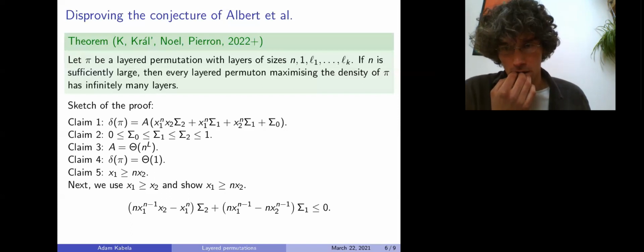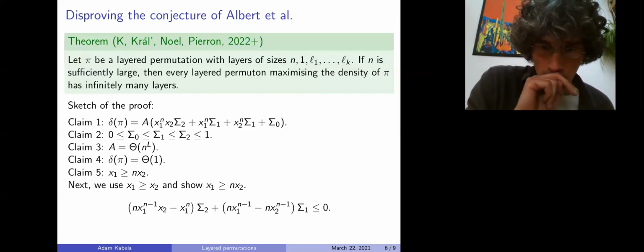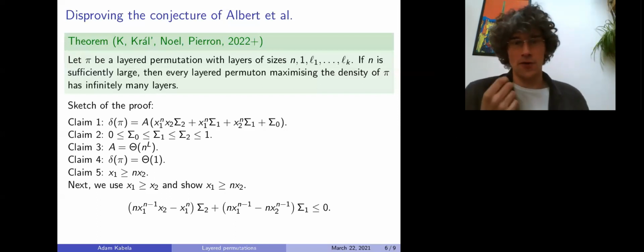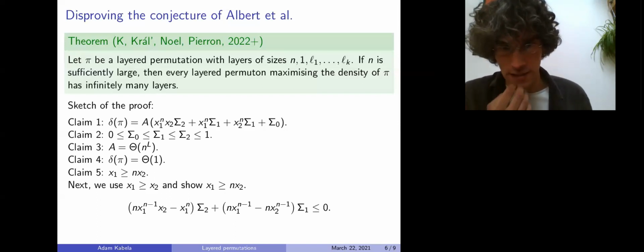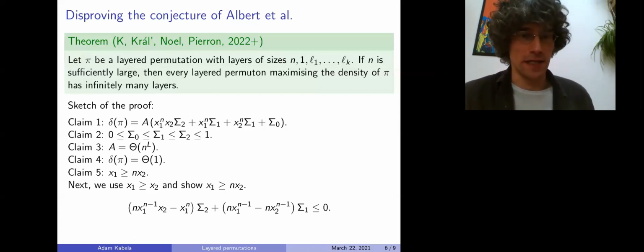Right? Thus, the first term cannot be positive, because of the inequality. Because the first term cannot be positive, we get the desired inequality. That is, x1 is actually much larger than x2. Right? So we are almost there.